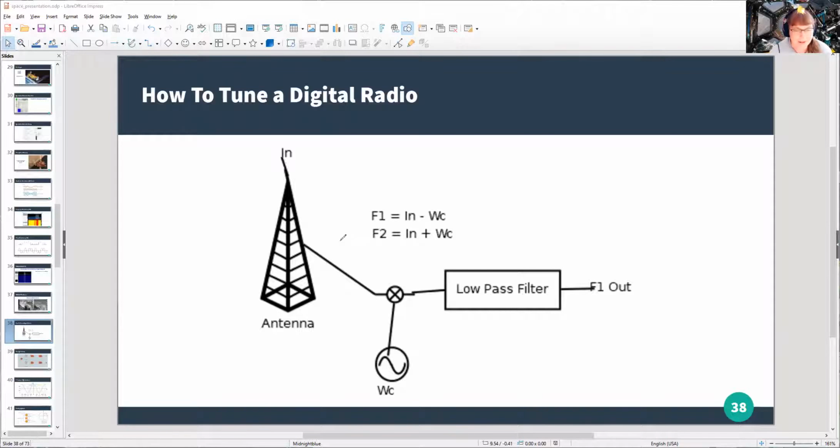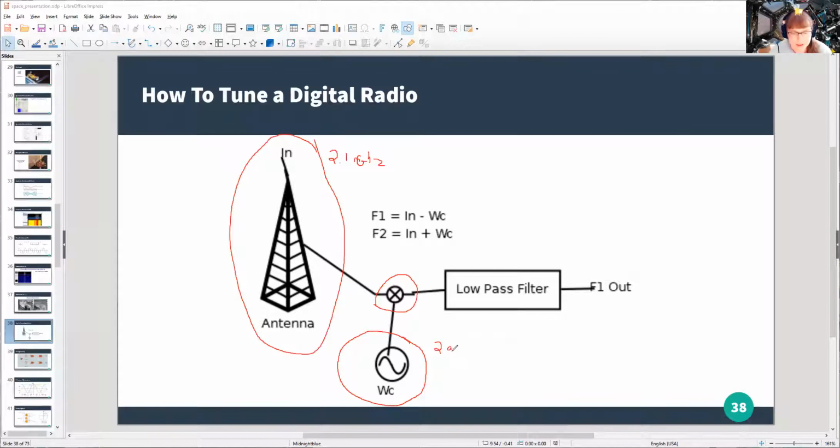So you have a signal coming in from the antenna, and you have a signal we create, and we multiply it. So let's say we have a 2.1 gigahertz signal coming in, and then we have, say, a 2.05 gigahertz signal that we generated.